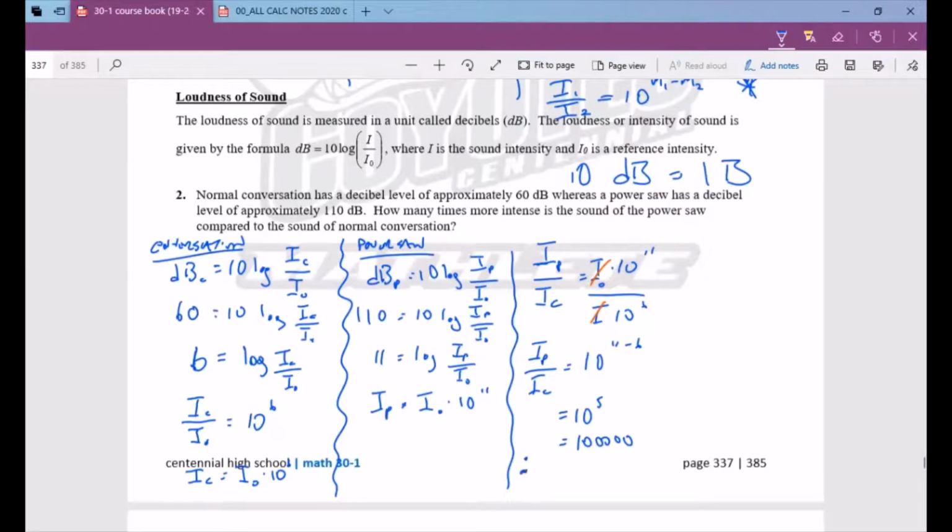Therefore, the saw intensity is 100,000 times as much. So the sound's intensity is 100,000 times as much.